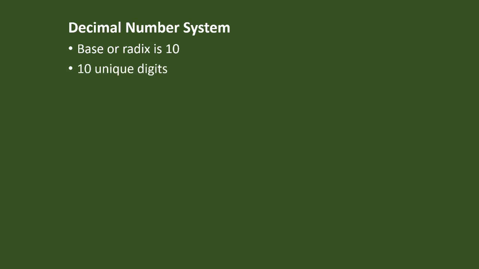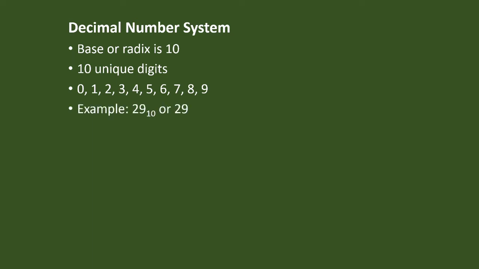These unique digits are 0, 1, 2, 3, 4, 5, 6, 7, 8, and 9. So from 0 to 9, there are 10 unique digits. We form a number in this number system by combination of these digits.